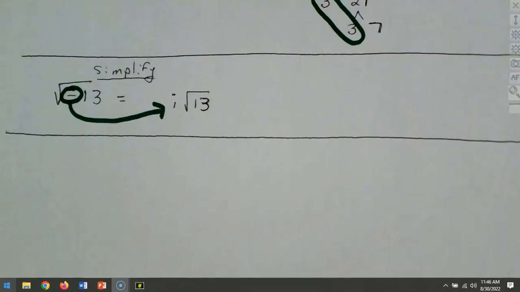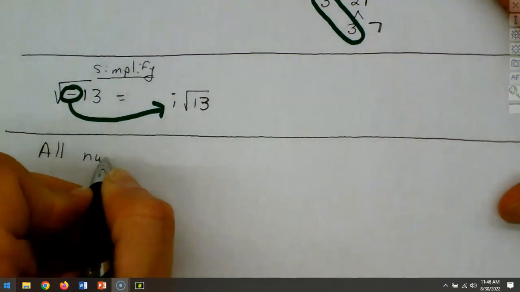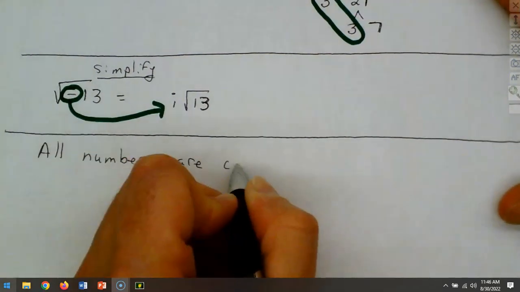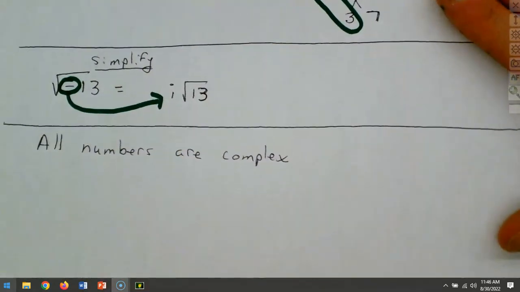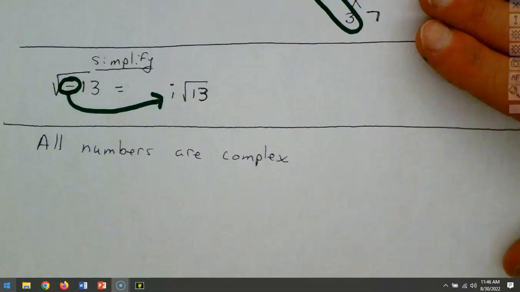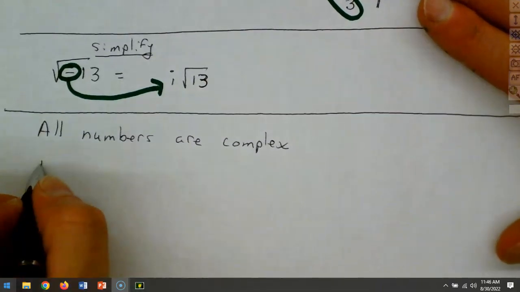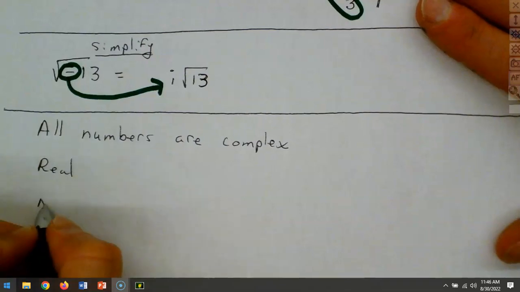Same thing with numbers. All numbers are complex. And then we break the complex numbers down into the real numbers and the non-real complex numbers.